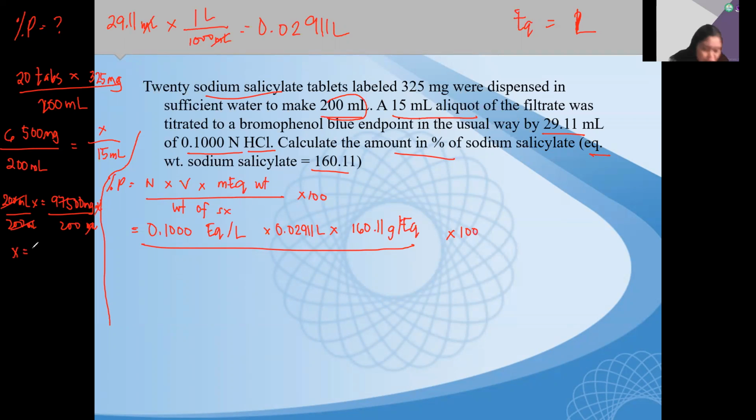Ang ginamit lang during titration is 487.5 milligrams. But take note that in the computation of the percent purity, kailangan nakagrams yan siya. So we are not yet done. We can convert this one milligrams. 487.5 milligrams times sa isang grams, meron tayong 1,000 milligrams.